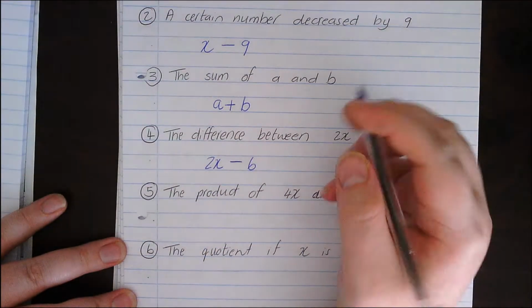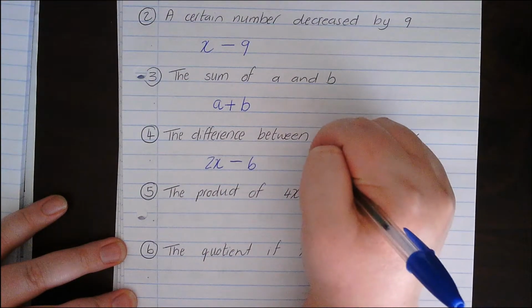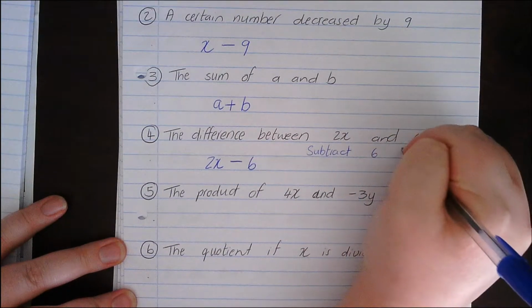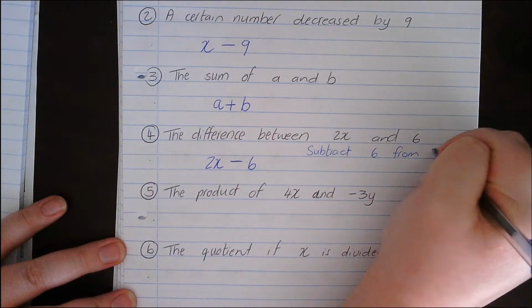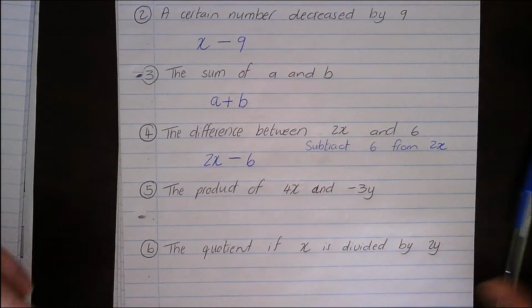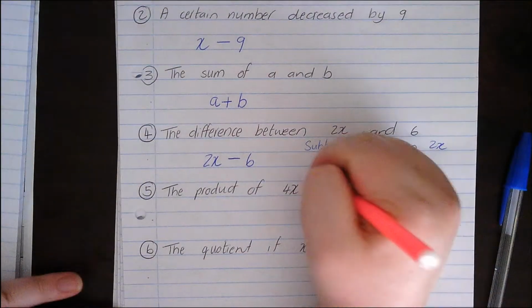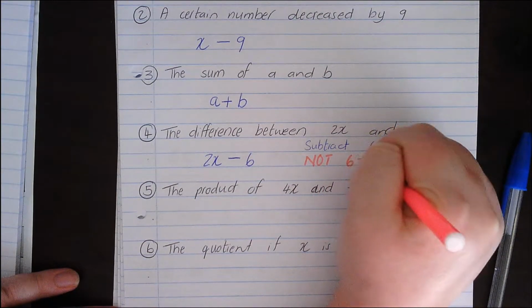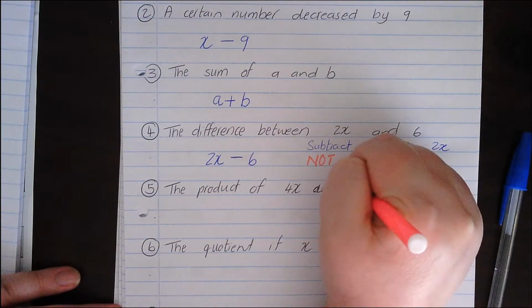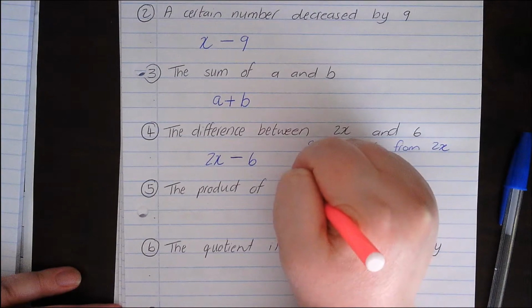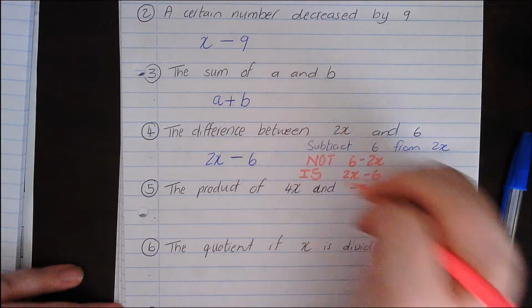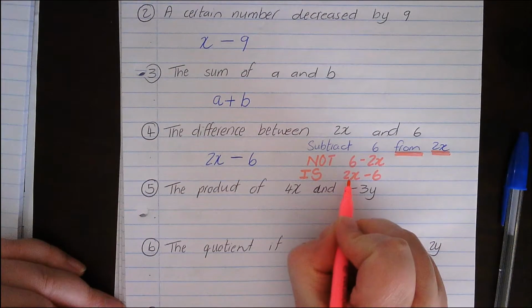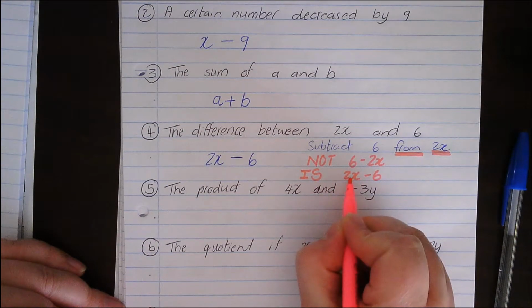Okay, now we can also ask you something like subtract 6 from 2x, and you need to be very careful here. This is not 6 minus 2x, it's 2x minus 6, because we said from 2x. Okay, so you're taking away from 2x.